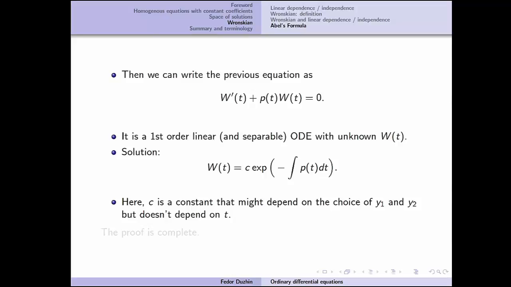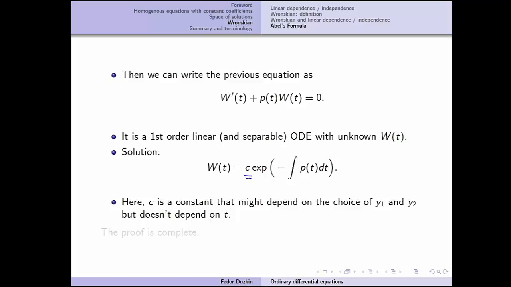And again, let me emphasize that once we specify y1 and y2, the Wronskian could be different. So this c depends on specifying y1 and y2.